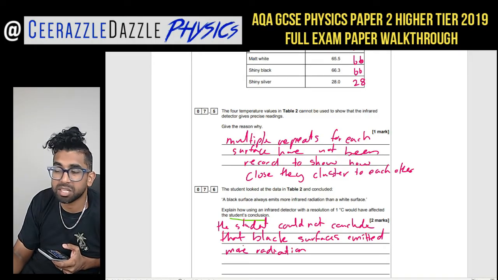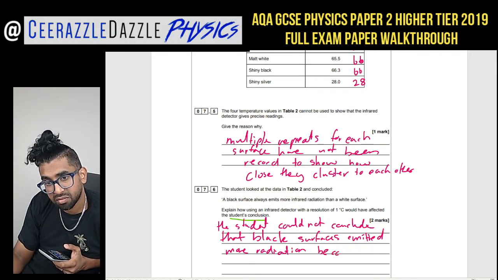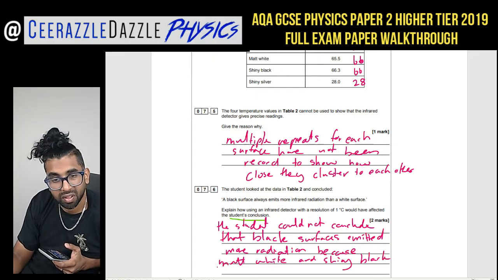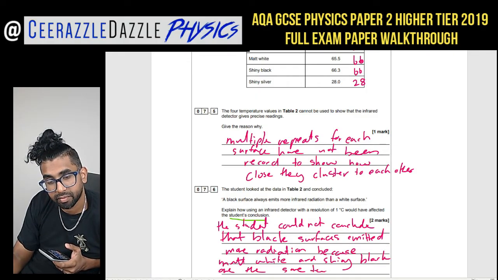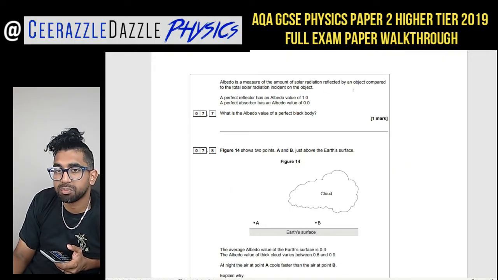And the reason why is because the matte white and the shiny black are the same temperature now, of 66 degrees Celsius.